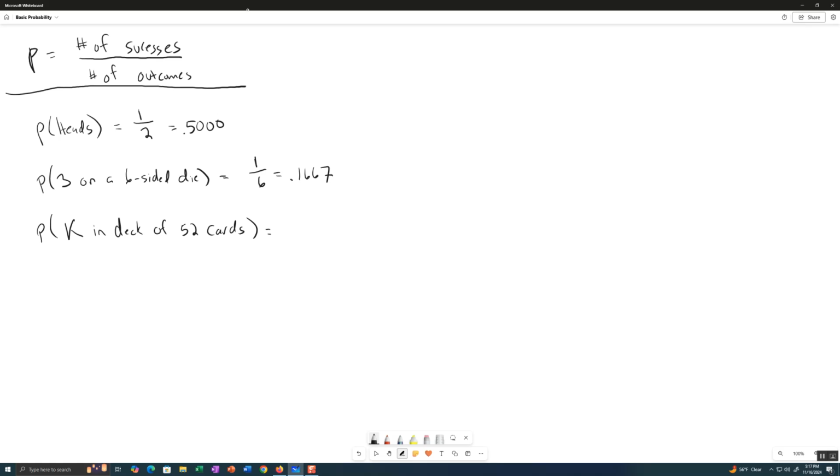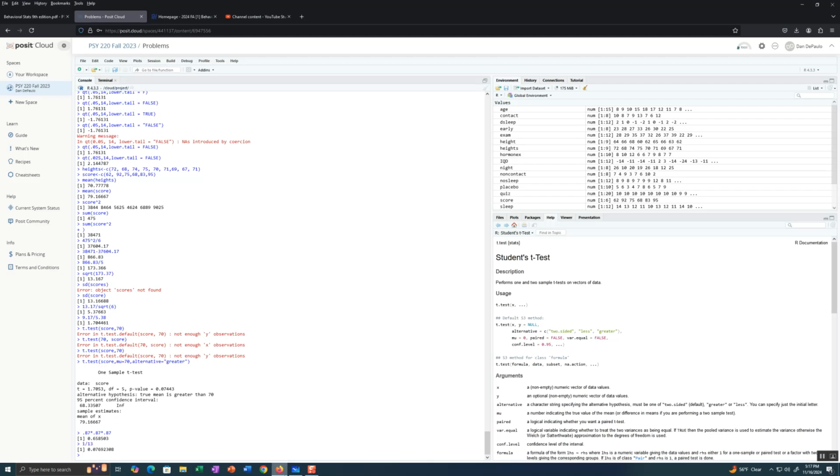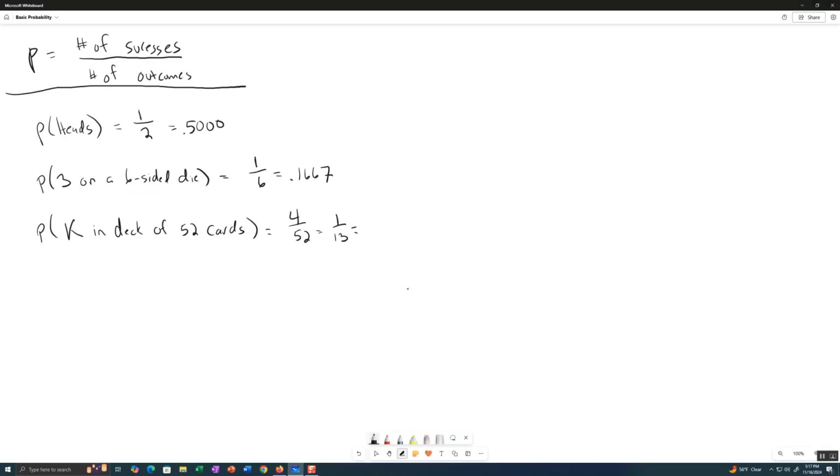There's a king of clubs, a king of spades, a king of diamonds, and a king of hearts. And there's 52 cards, which is 1 over 13, which as a decimal is 0.0769.